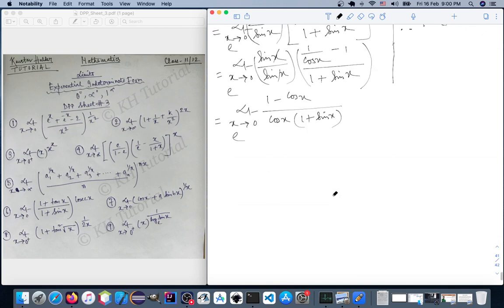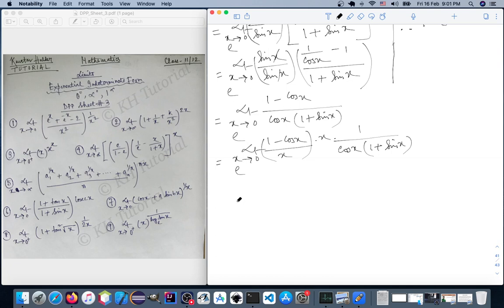There is a standard result: the limiting value of 1 minus cos x whole divided by x when x tends to 0 is 0. If we use that result, like if we create the x, adjust the x, and we are left with cos x into 1 plus sin x.